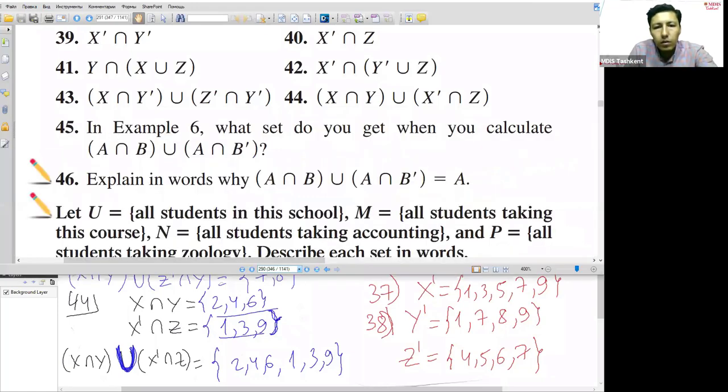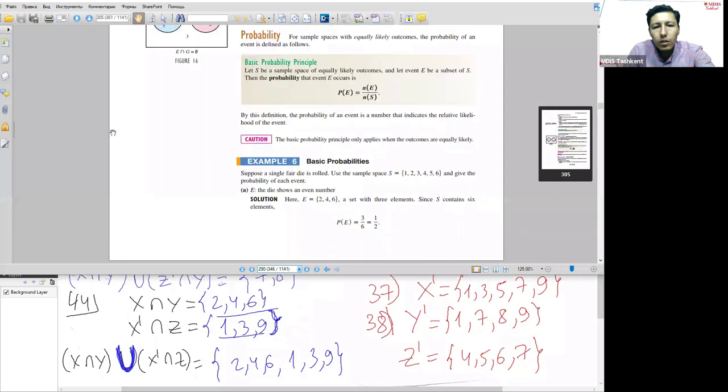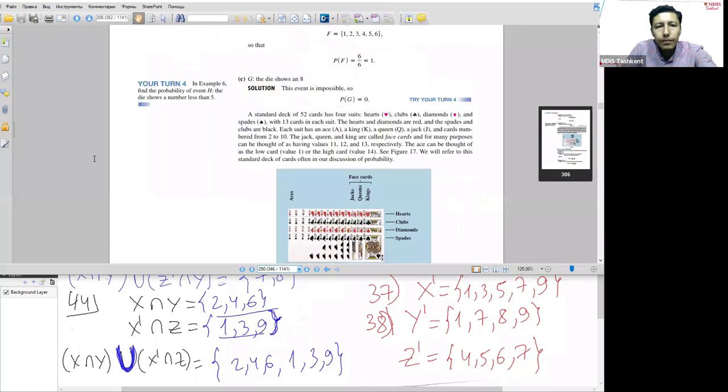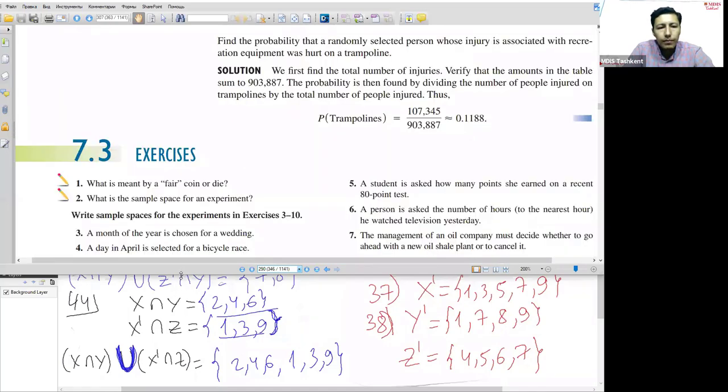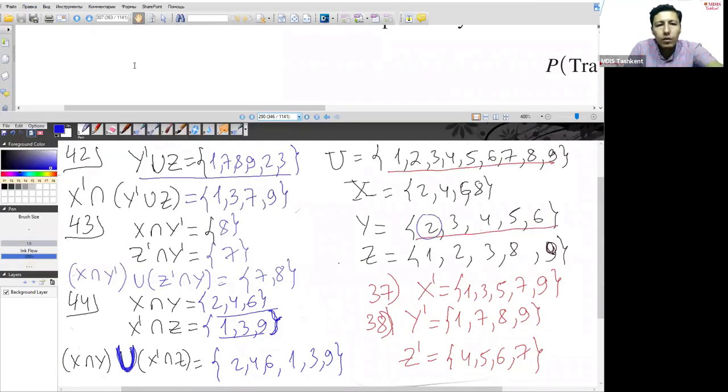So that's probabilities, introduction to probabilities, section 7.3.